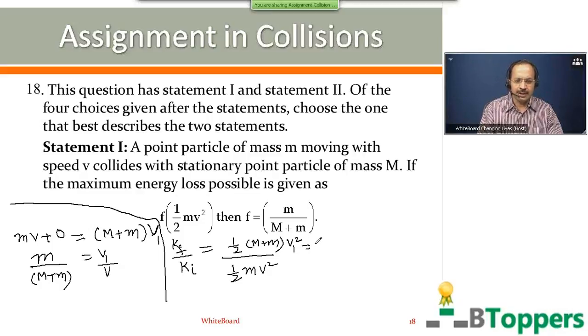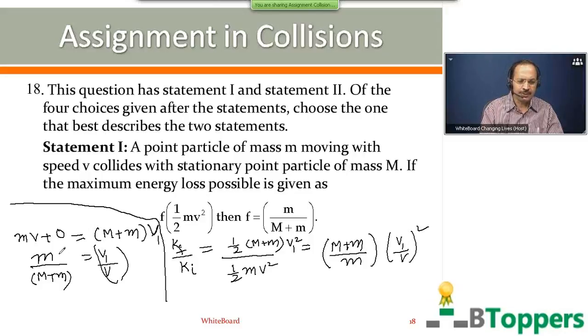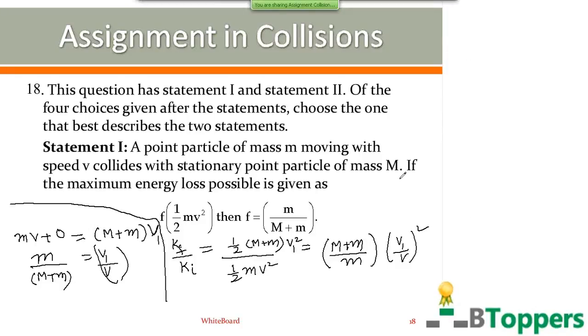This problem is similar to the calculation we have discussed in the ballistic pendulum. So Kf by Ki is (capital M plus small m) by small m into (v1 by v) whole square. We can substitute v1 by v equal to small m by capital M plus small m from this equation into this equation.